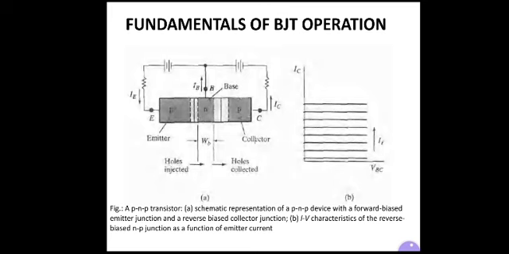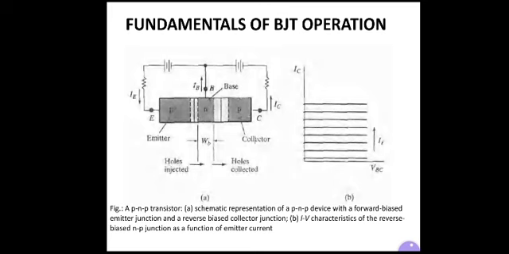Of course, here you need to know that the injected holes must not recombine in the N region before they can diffuse to the depletion layer of the reverse biased junction. Therefore, we must make the N region narrow compared with the hole diffusion length.